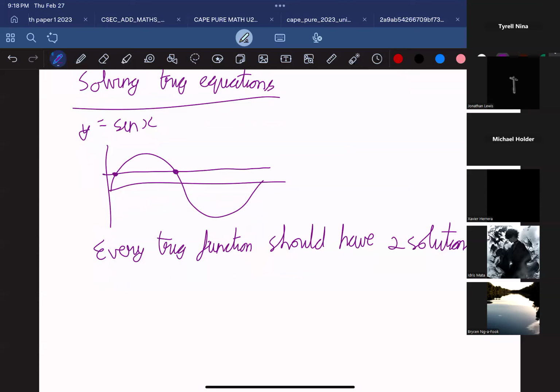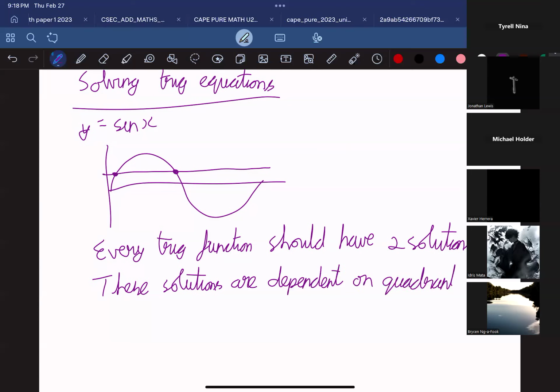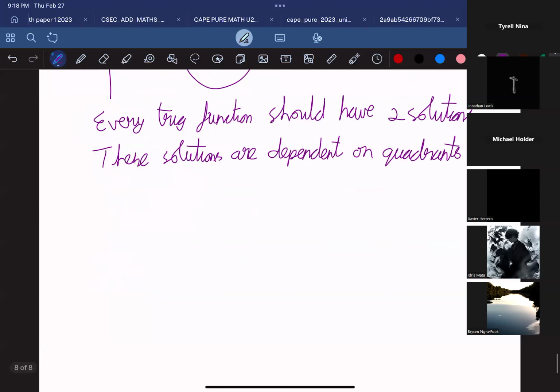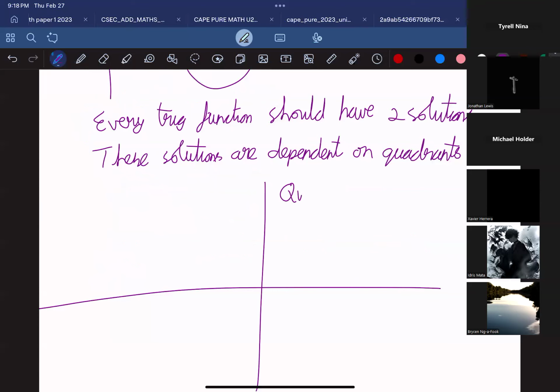These solutions are dependent on quadrants. So the whole thing, we have our quadrants here. So quadrant 1, this is between 0 to 90 degrees, or 0 to pi over 2. In this quadrant, all angles are positive.